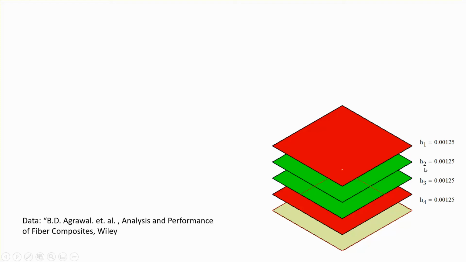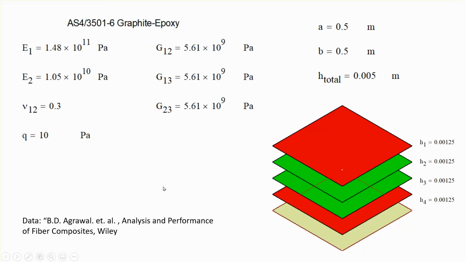The laminates are each 1.25 millimeter thick, so the total laminate thickness is 4 times 1.25, which is 5 millimeter, and the dimensions are given here. These are the material properties for graphite epoxy, and the applied pressure is 10 Pascal.